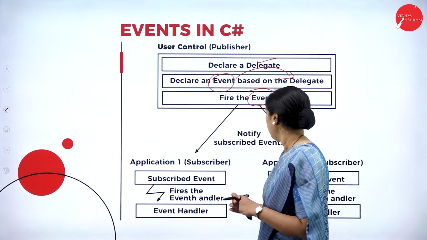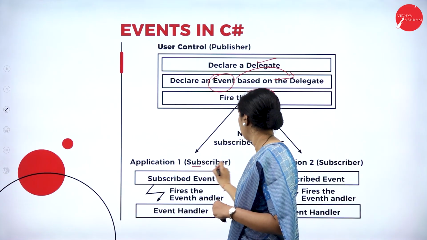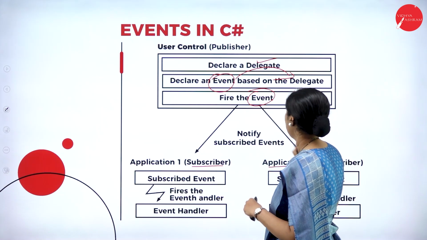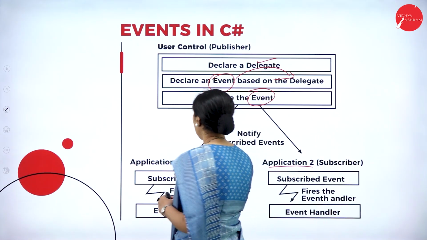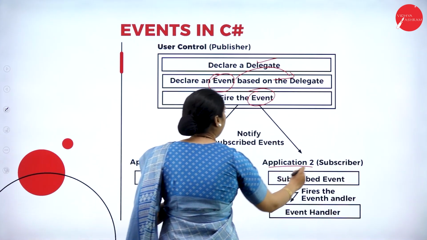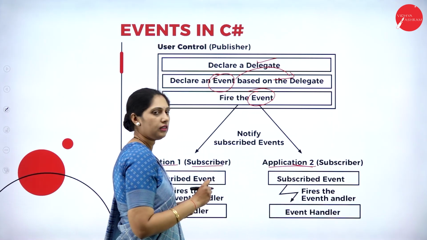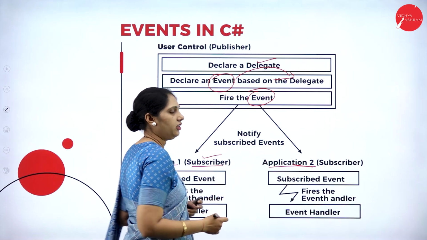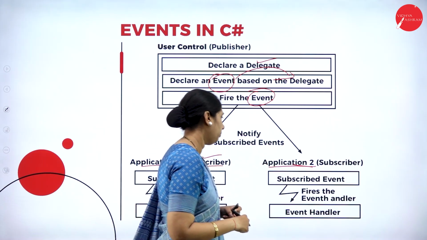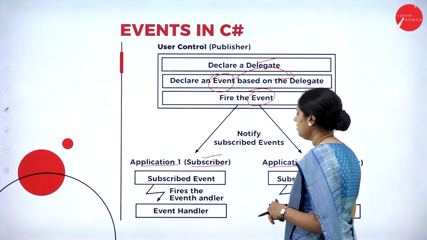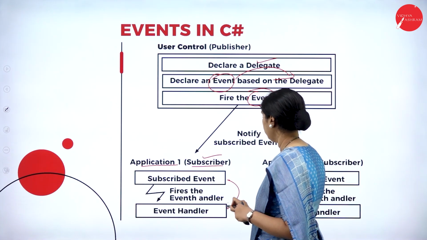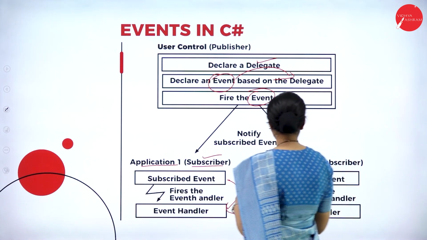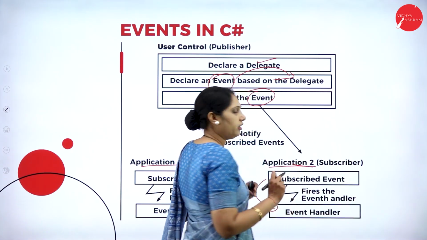Next we have the subscriber and the application. Here you have application 1 and application 2. If I say application 1 is a subscriber, application 2 is also a subscriber. So it fires the event handler. Here also the same, but a different application.